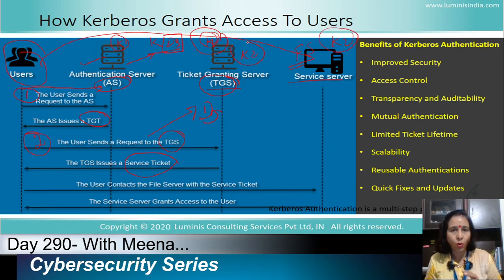Clear? So TGS encrypts the service ticket message, and now the user sends a third request to the service server: I want to have access over the resources.